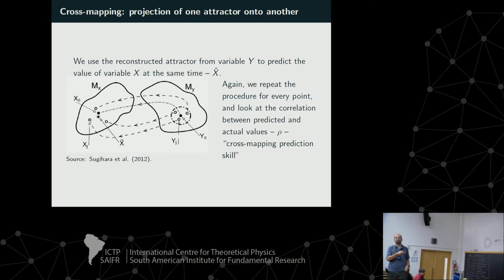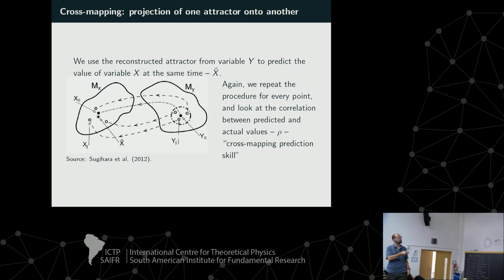I have x of t for many points in t, and y of t at the same time points, okay? So x of t corresponds to y of t. So I use the time. I take the closest points here to y of t, and I want to predict x of t without using x of t.